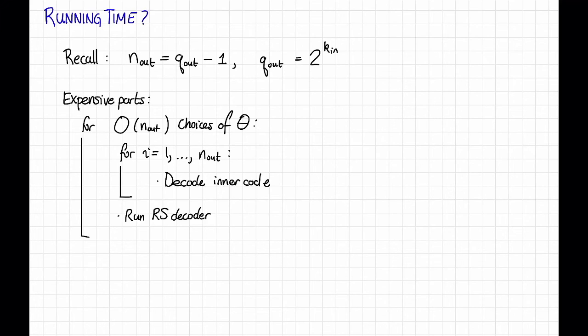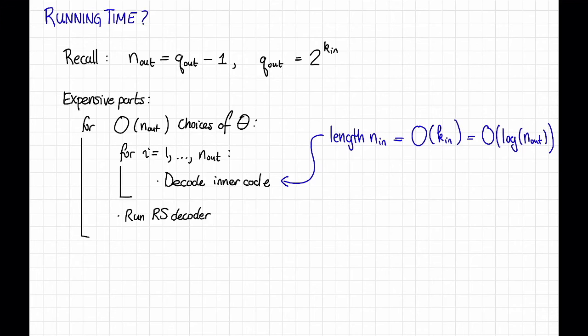Okay, how long does each of these steps take? So this step here, decoding the inner code. The length of the inner code is n_in, which, since it's a constant rate code, is big O of k_in, which is big O of log of n_out. And that's because q_out in this construction is 2 to the k_in, and q_out is basically the same as n_out.